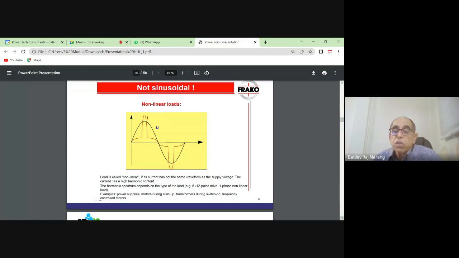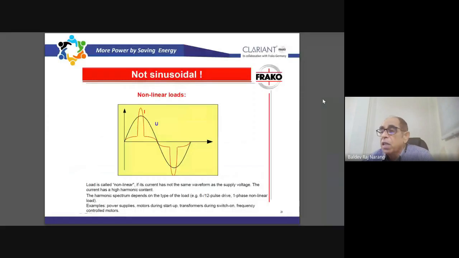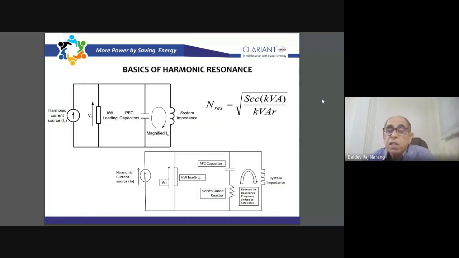We don't use the full sine wave, we are chopping it off and giving it to the load. So there we generate these harmonics. Today the maximum non-linear load, the highest you can say, is the VFD, which is generating the maximum harmonics. They are the major concern.